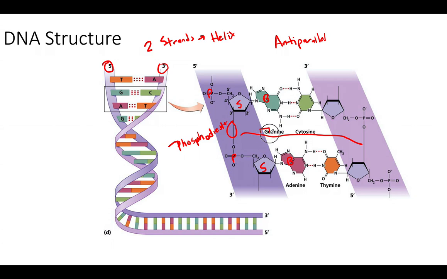You have a G pairing with a C, and then you have an A pairing with a T. So the base pair relationship is also really important in the structure of DNA. Okay. And then these bonds that are holding the base pairs together are not phosphodiester, but they are hydrogen bonds.